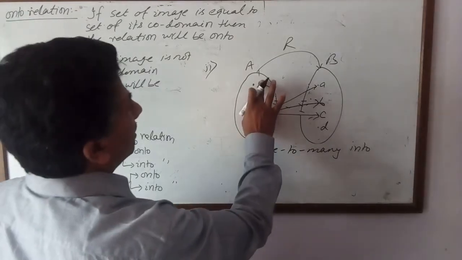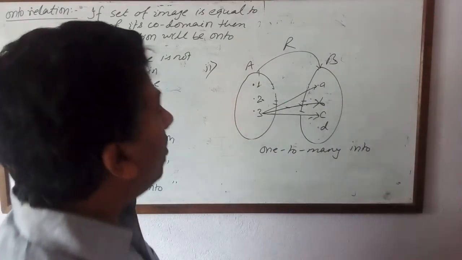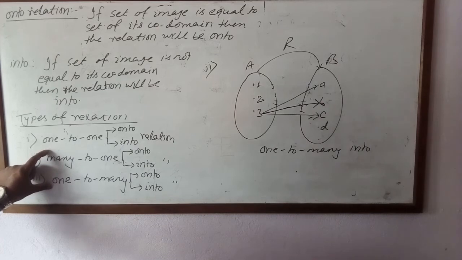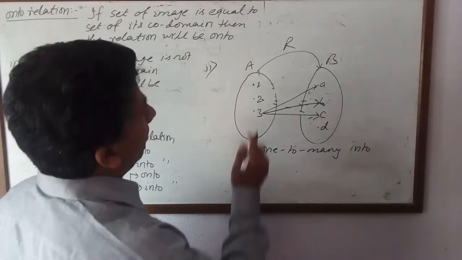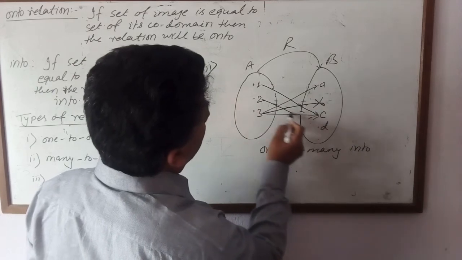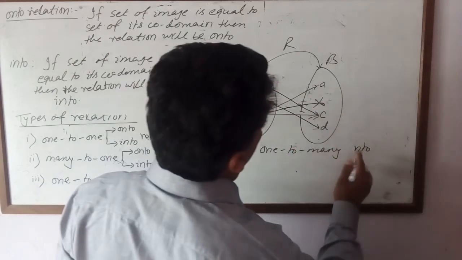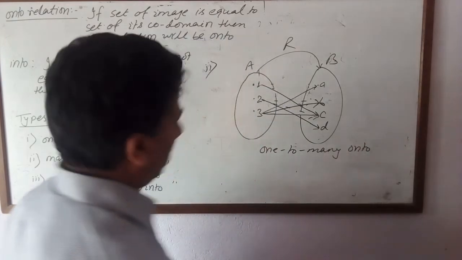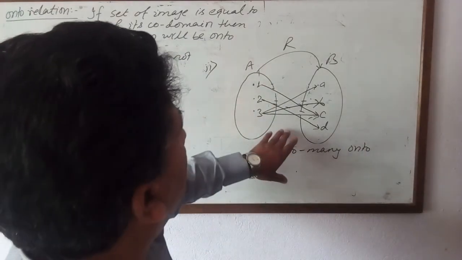Now sometimes in a relation we can find both types of relation. For example, if A has this, 2 also has this one. Now again, in this case there are two types of relation we will find.